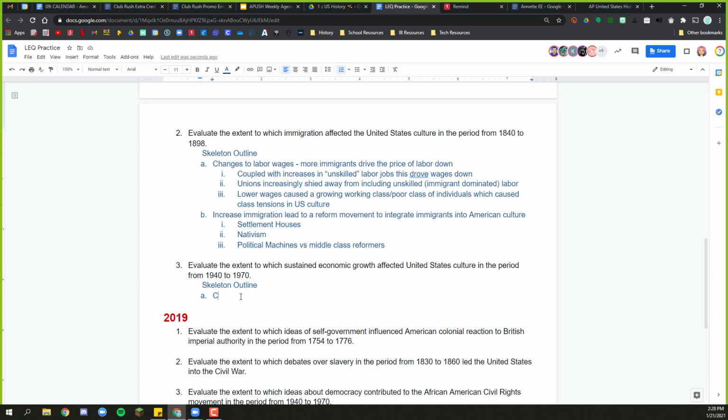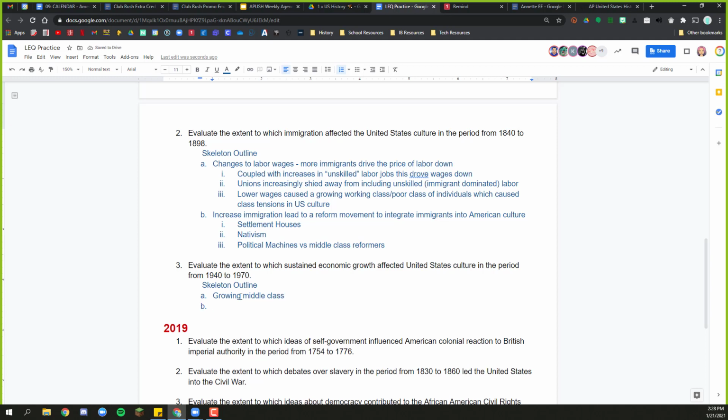Evaluate the extent to which sustained economic growth affected United States culture in the period from 1940 to 1970. Okay, I know off the top of my head these are the two things I want to talk about. So I want to talk about a growing middle class.